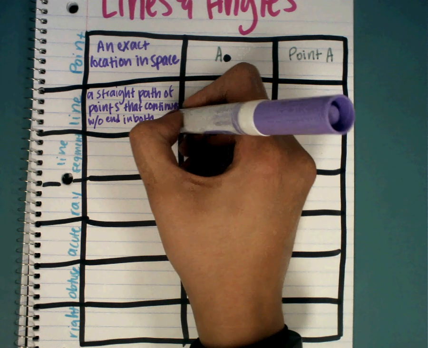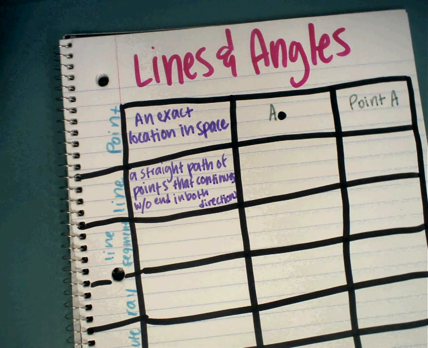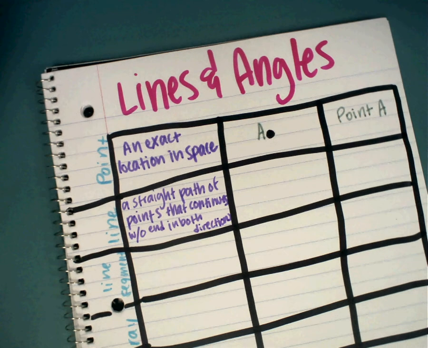I know it's kind of hard to read. I'll zoom in a little bit so you can read that. So a straight path of points that continues without end in both directions.